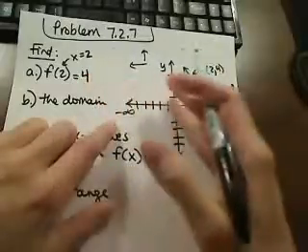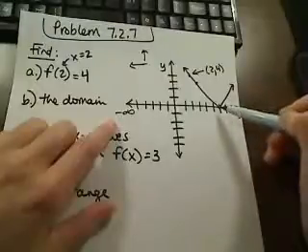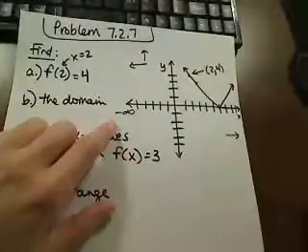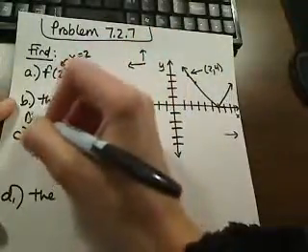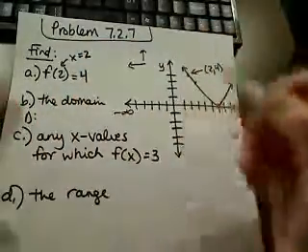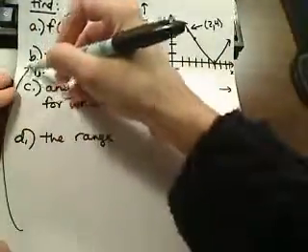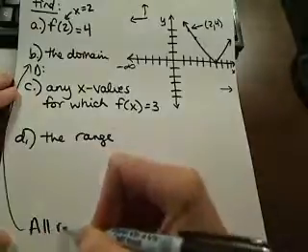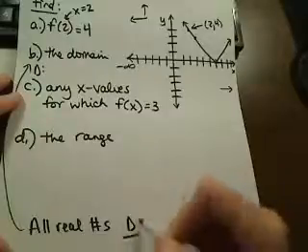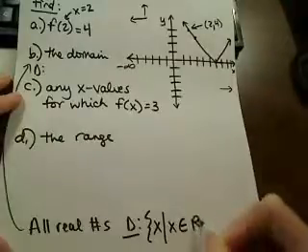We have values coming in from negative infinity, then we have values all the way to here, and again with this arrow, this is taking the graph out to positive infinity, so it'll continue to move that direction. So your domain here is actually all real numbers. You can either write that as all real numbers, just write it out, or if you want to write it in set notation, it would look like this: x such that x is an element of the real numbers.